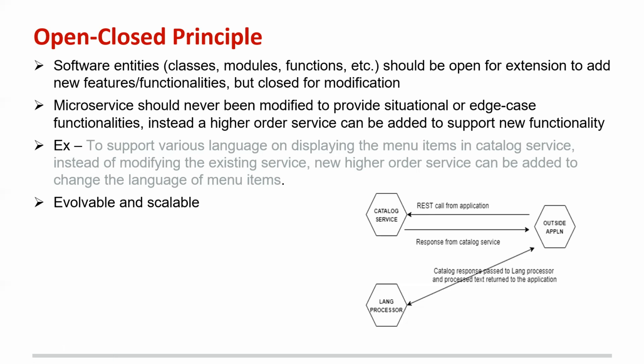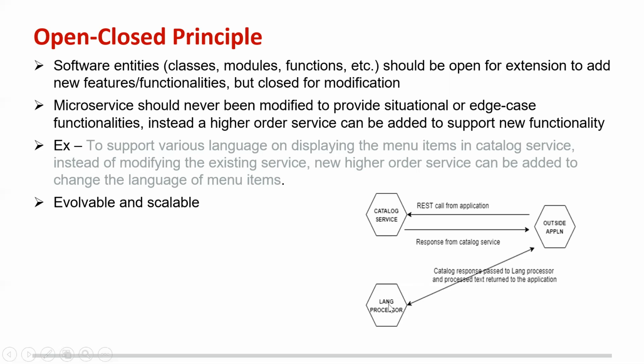To attain this new feature, we are not going to disturb the existing catalog service. We can just add a new service which focuses on processing the language. On the right side, the outside application is accessing the catalog service and receiving the menu items in English.